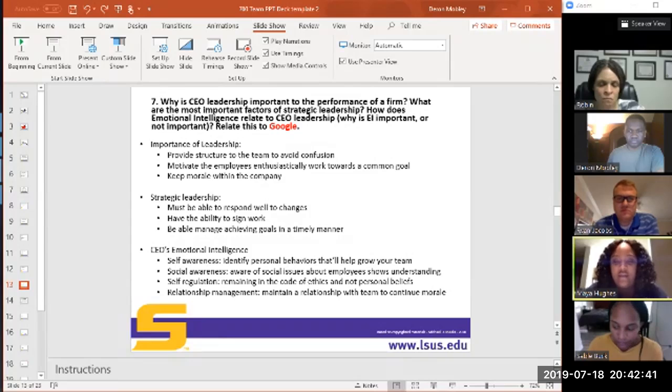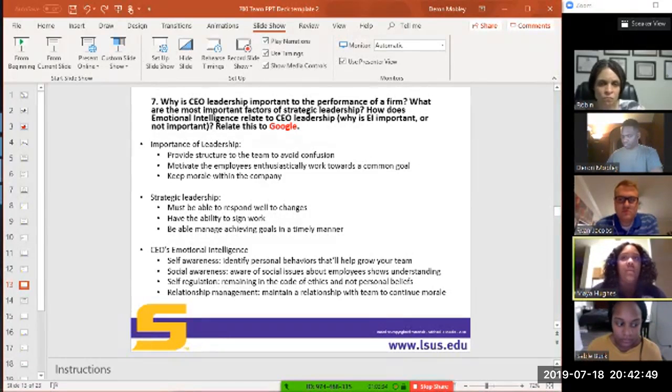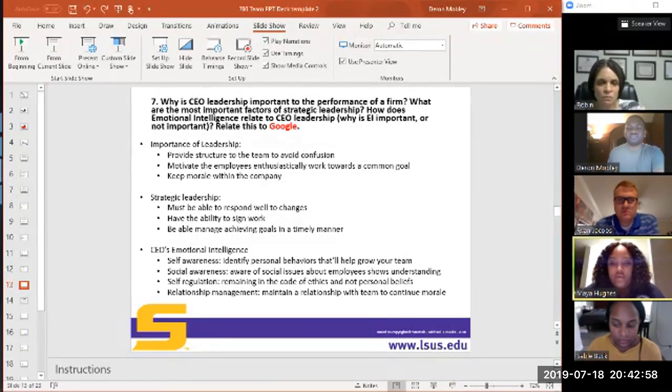They must have the ability to assign work, so they must know how to disseminate work to their team and have their teams assign work to their employees and so forth. They must be able to manage achieving goals in a timely manner. Timely manner is a major thing.